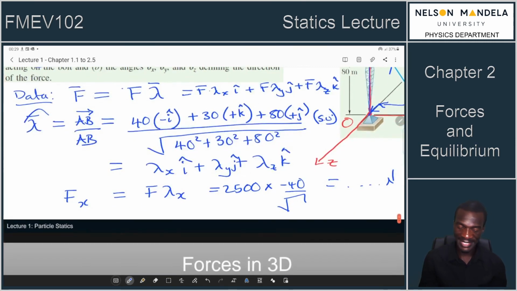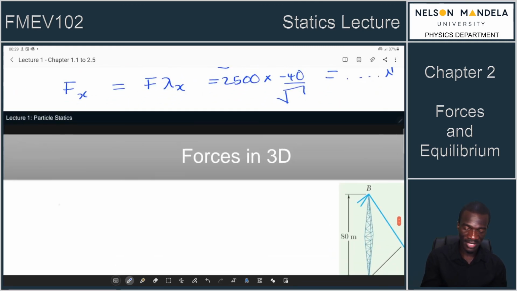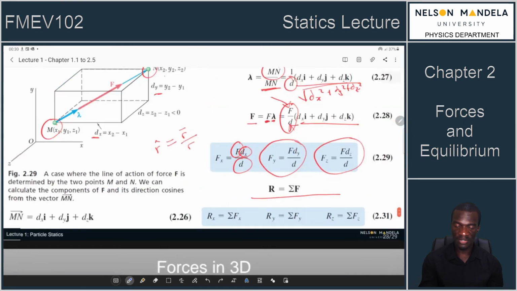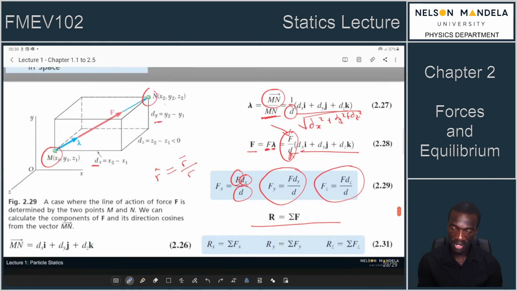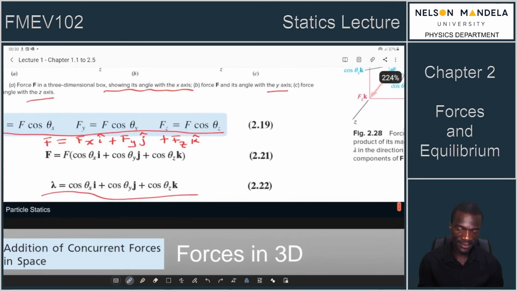How do you get the directional vector? We've already seen that the lambda x is simply cos theta x in the i direction. So in other words, you make use of that equation.